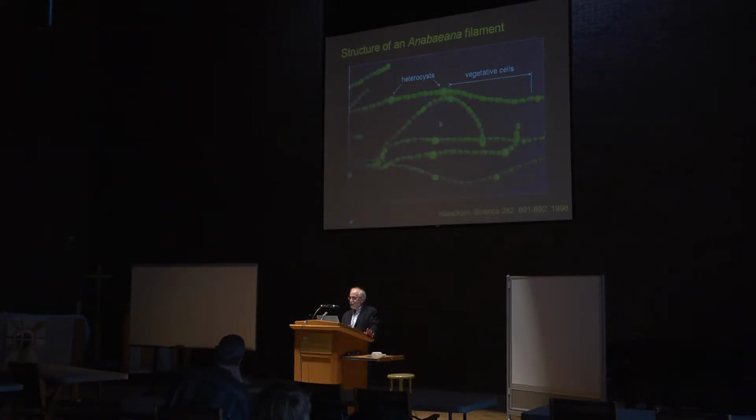It is a very interesting question how the differentiation of heterocysts occurs, but I am going to focus on this segment between heterocysts, the vegetative segments, in which cells divide, in which we can see some longer cells and some shorter cells. And for quite a long time, the question was whether this pattern of long and short cells actually is totally random, or whether there is some principle in it.